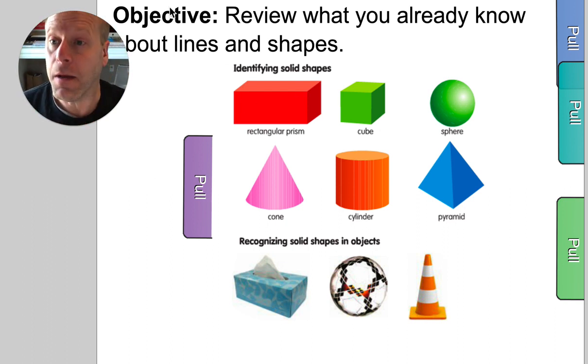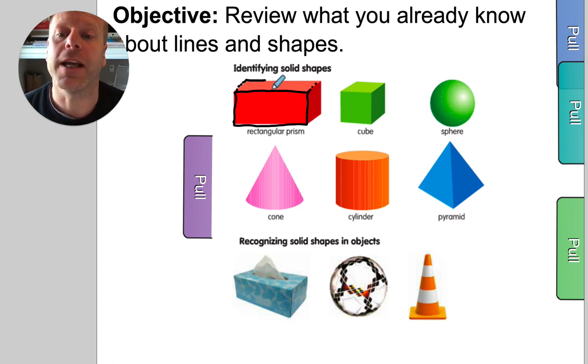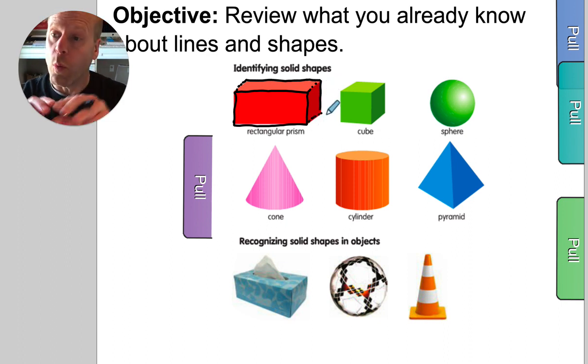It is very similar to a rectangle if you just look at one side. Looks just like a rectangle, but it is deep. See how it goes back? So it is also different than a rectangle because it is 3D. It has 3 dimensions. It's made out of width, length, and depth.